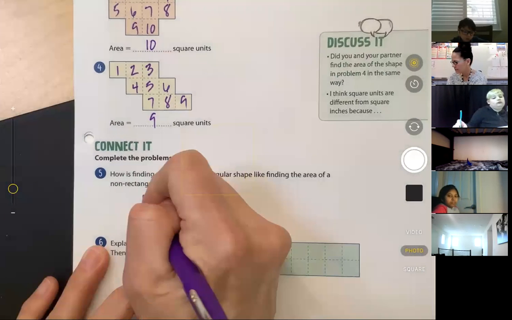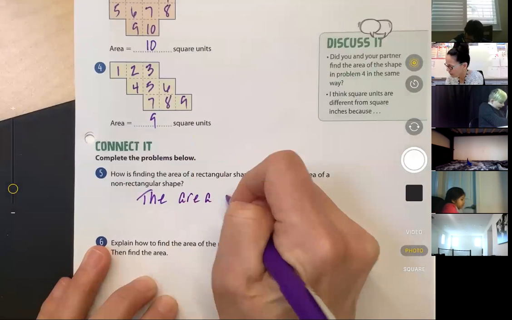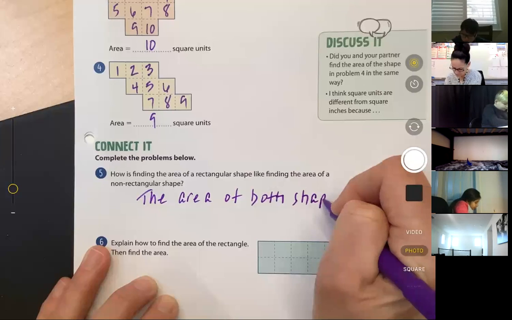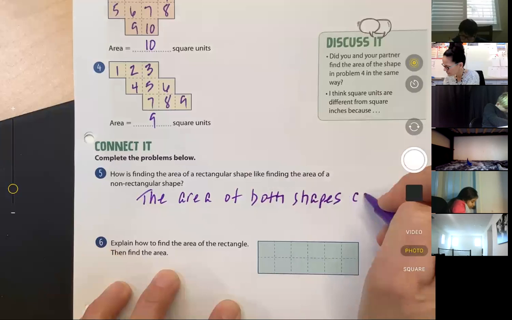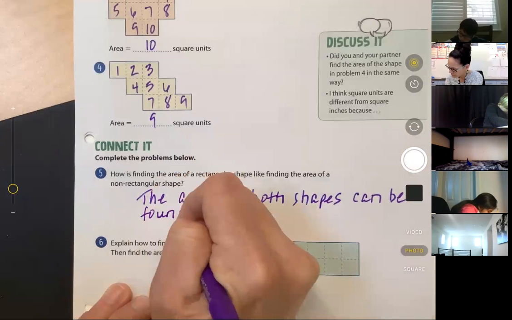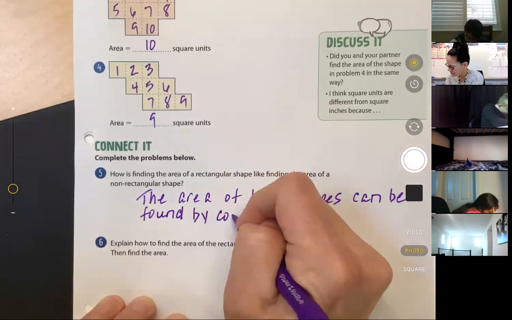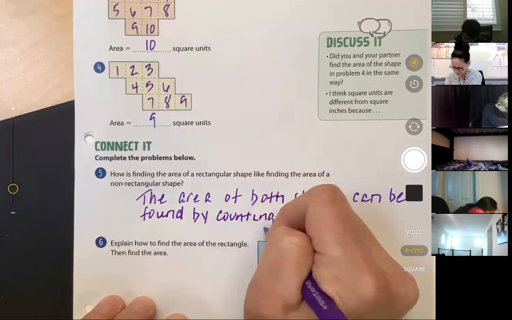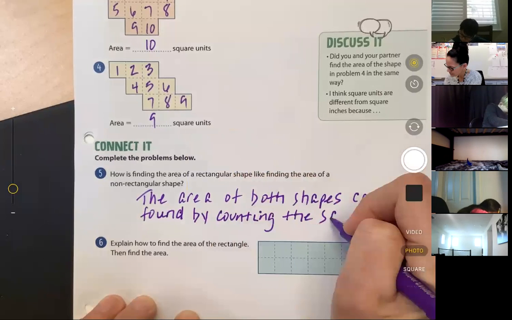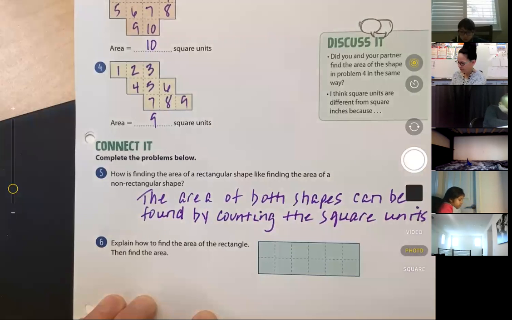The area of both shapes can be found by counting the square units that cover the shape.